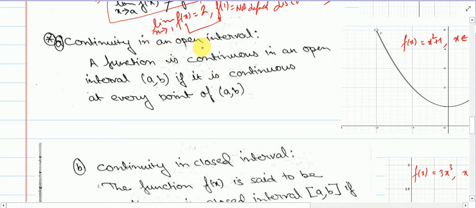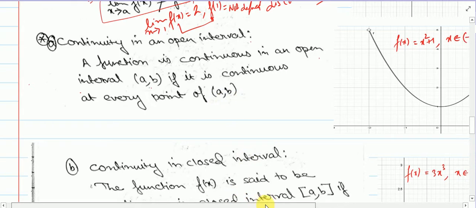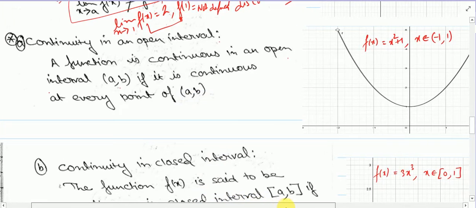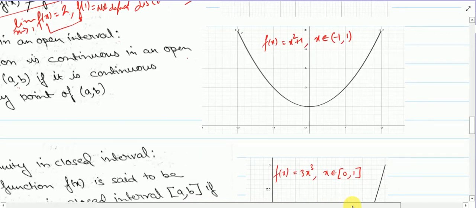So continuity in open interval. A function is continuous in an open interval (a, b) if it is continuous at every point in (a, b). Let me try to make you understand through this graph.